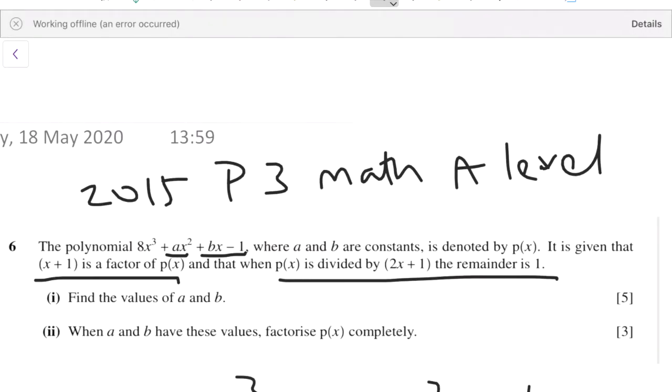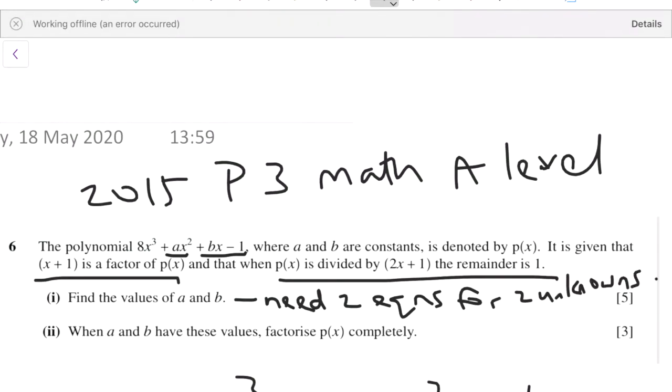Find the values of a and b. So essentially what we need are two equations for two unknowns. And then when a and b have these values, we can factorize p of x.